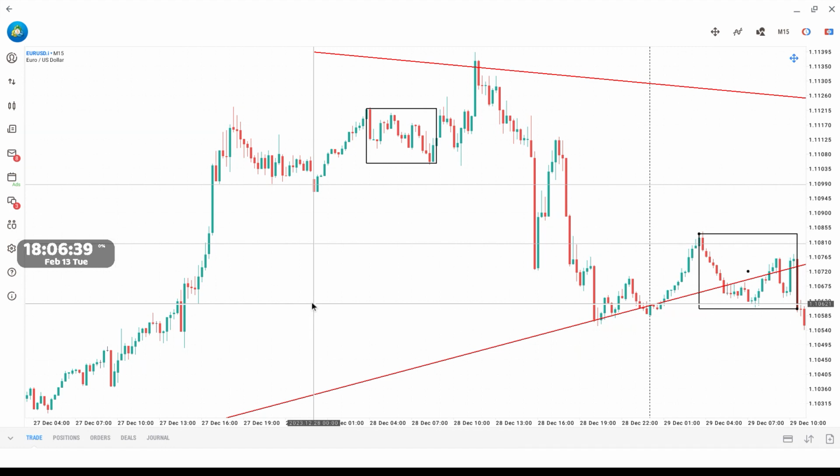Asian accumulation, Asian ranging, starts at that very zone. What I want to show is that this is the start of each day, and this is the end of each day. The start of each day, then the end of the day.